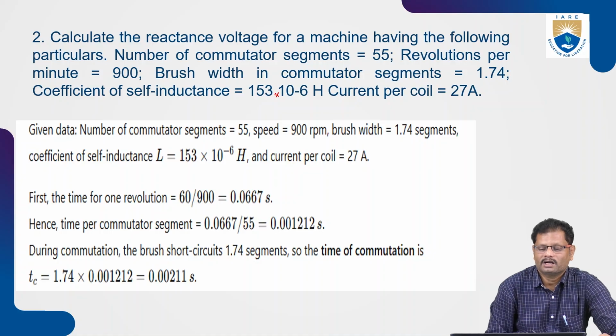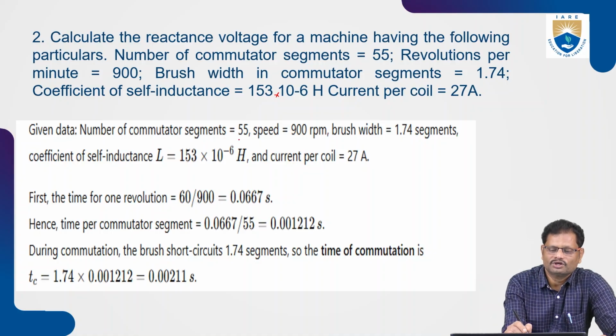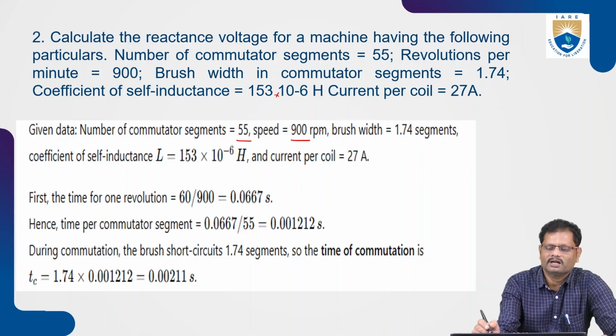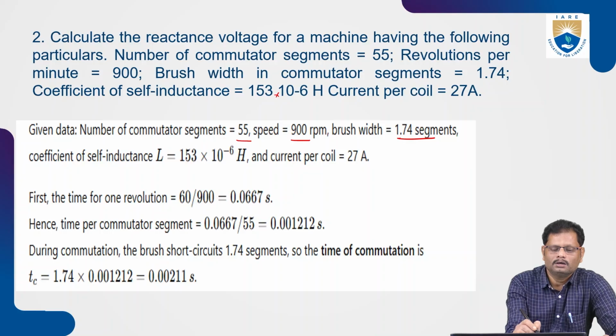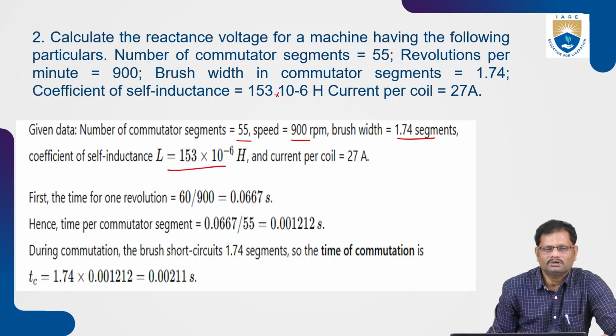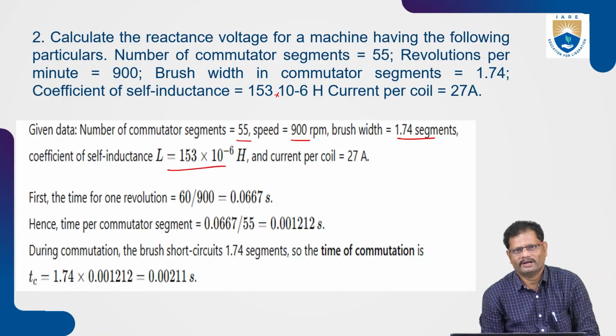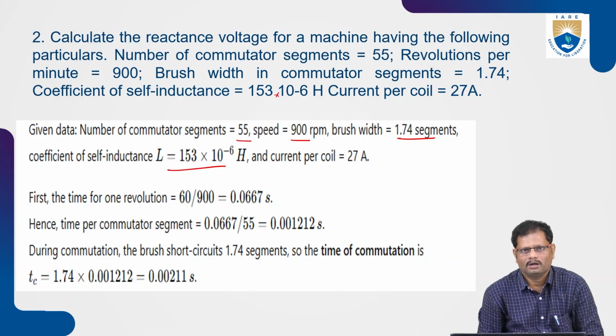And current per coil is given as 27 amps. So given data is number of segments are 55, speed is 900 rpm, brush width is 1.74 segments, and coefficient of self-inductance L is 153 into 10 power minus 6 henries. And current per coil is given as 27.